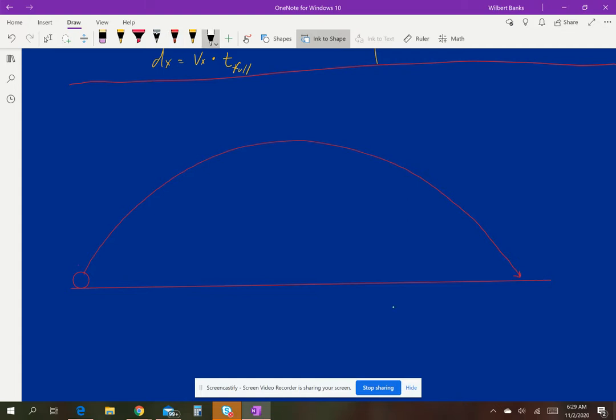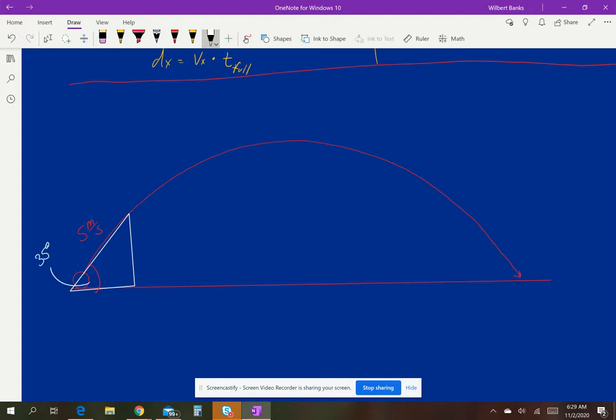So the first thing I'm going to know is, how was this ball released, right? If they told me that its initial velocity was, let's say, 5 meters per second, right? And they told me that it was kicked at an angle, let's make this angle 35 degrees.